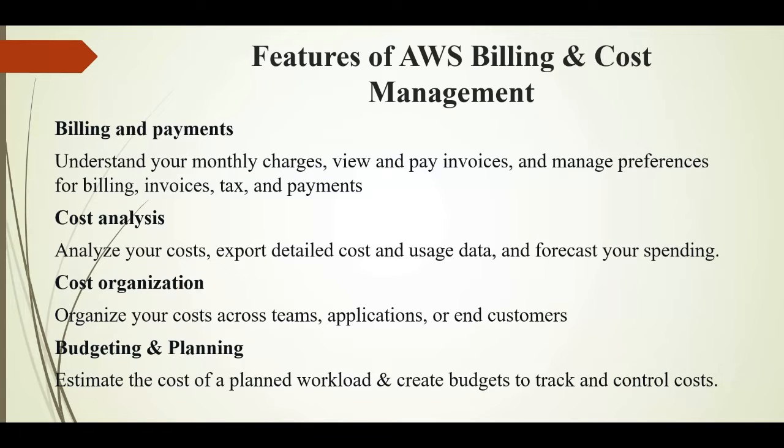In the bills, we need to download the invoices and view the detailed monthly billing data to understand how your charges were calculated, and also understand your outstanding or past due payment balances and payment histories, and enable invoice delivery by email and your preferences for credit sharing alerts and discount sharing.